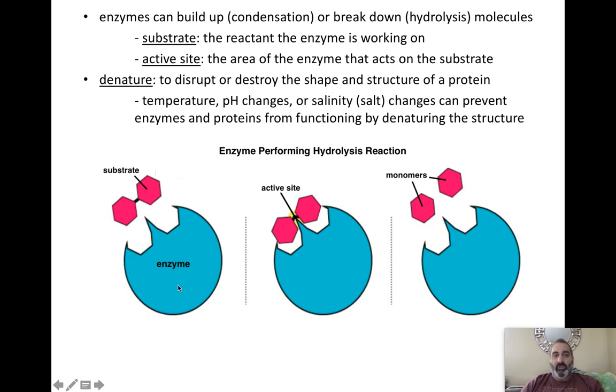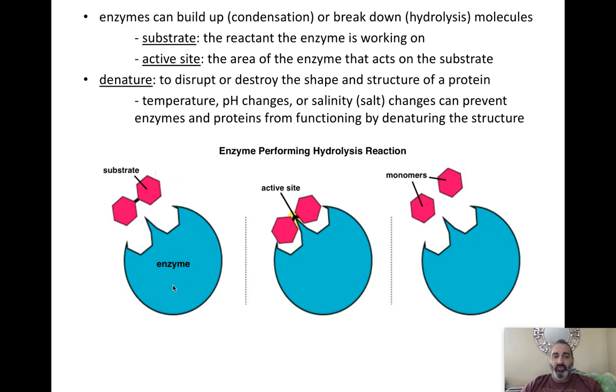If this is a protein and we denatured it, if we change the shape of the active site, it will no longer break apart the substrate. Right? So if this active site changes in its shape or form, it's not going to be able to do its job anymore. So we've denatured the protein, basically. So if you denature it, you changed it in a way where it's not functional anymore.